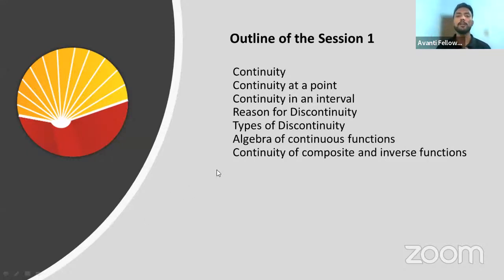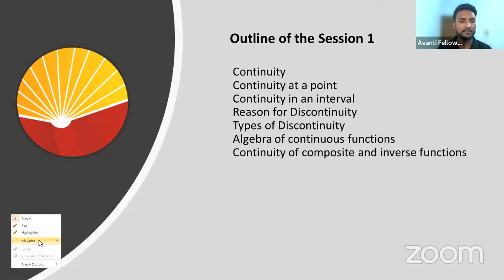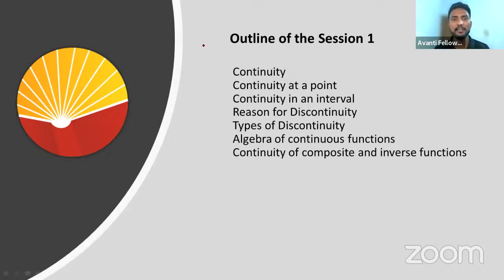What are we going to discuss in today's class? The first thing is continuity. We will see the basic definition of continuity, and after that the continuity of a function at a point. Then we will see continuity in an interval, because first we will see at a point whether the function is continuous or not, and then the entire interval.